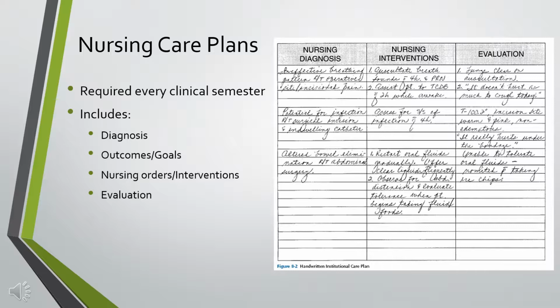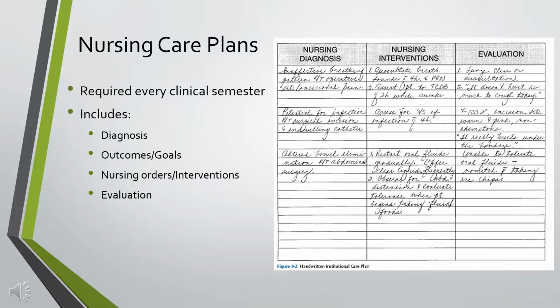And care plans include 4 components, one being a diagnosis, where we would have to do at least a couple of nursing diagnoses that would pertain to the patient that we were working with. Also include outcomes and goals, both for the short and the long term for each patient.